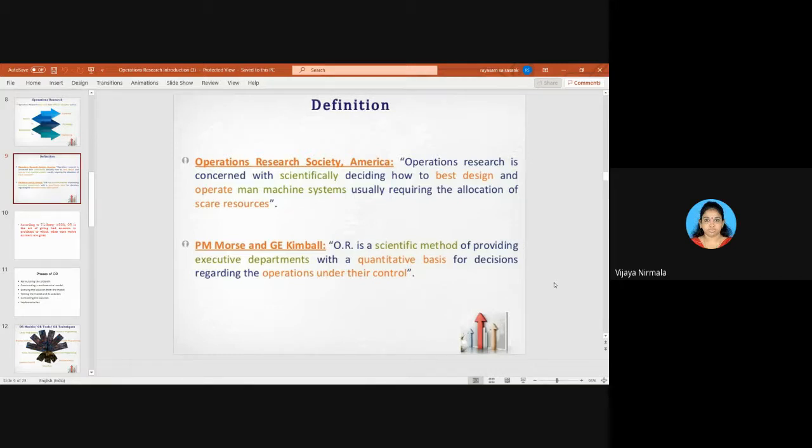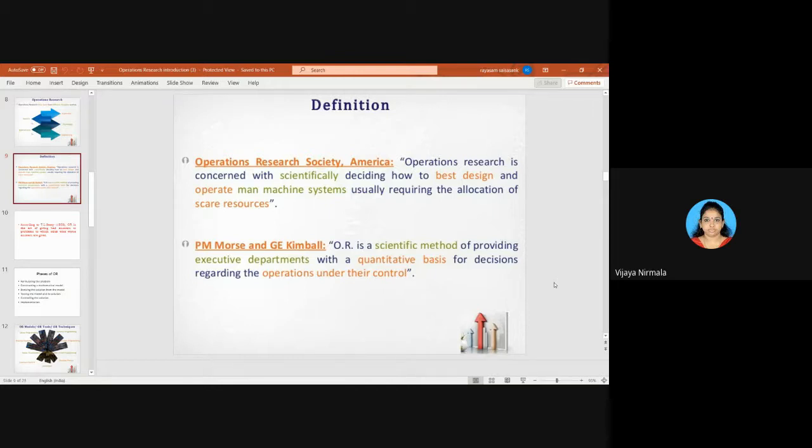So they said this is a scientific method, and it gives the various departments decisions regarding the operations under their control. How can the operations be made on a quantitative basis? We have already said that it is a quantitative basis, right? So this is also one of the definitions.